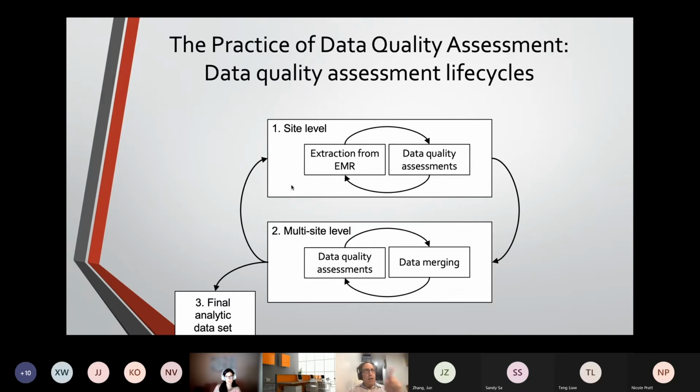You see a lot of cycles because data quality assessment in general may discover anomalies. You go back and you revisit your data, you make changes. This happens both at the site level and at the network level, and hopefully that doesn't happen at the analytic level. For us, what we're going to focus on here is really these two phases of data quality assessment, the site level and the multi-site level.